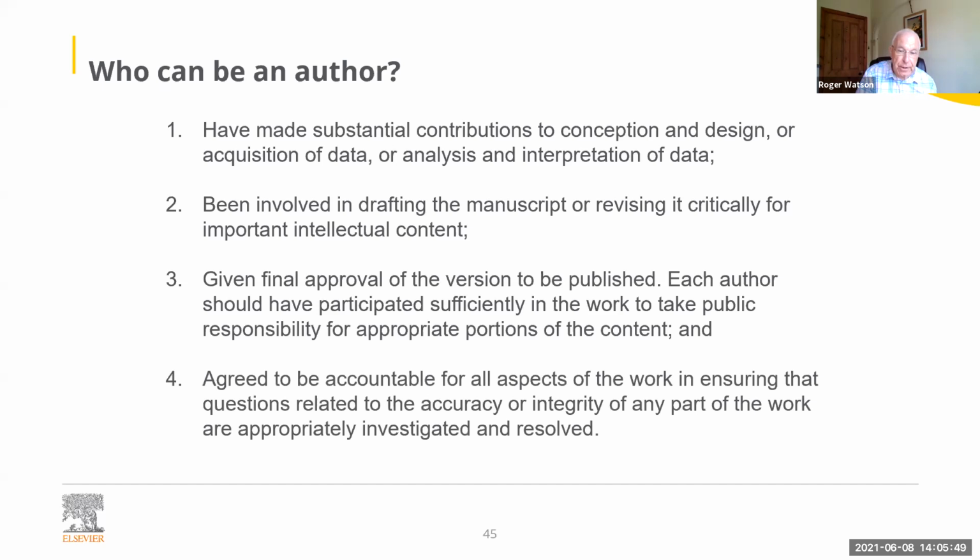And then the fourth point: whether or not you've done all of these things in the article, if you're asked about something that's wrong with the paper in terms of its data or its ethics, then everyone has to be willing to be part of investigating that and making sure that it's resolved properly. So these are things that you sign up to when you agree to be an author on a paper, and some journals are very specific in asking you to sign against all of these. But again, we don't police this. We expect people to be honest about it, and sometimes they're not.